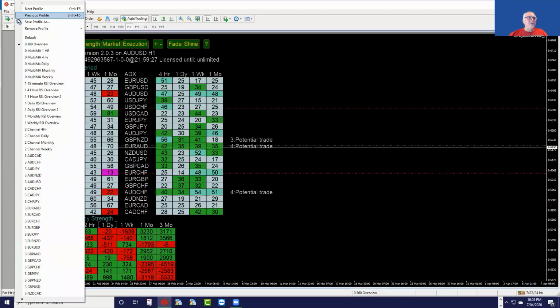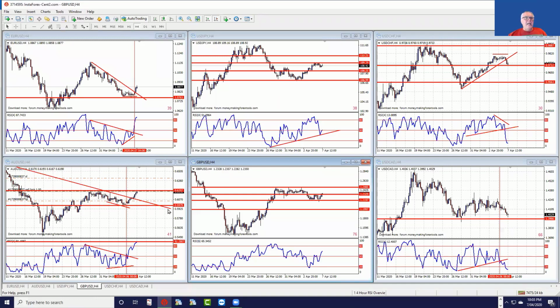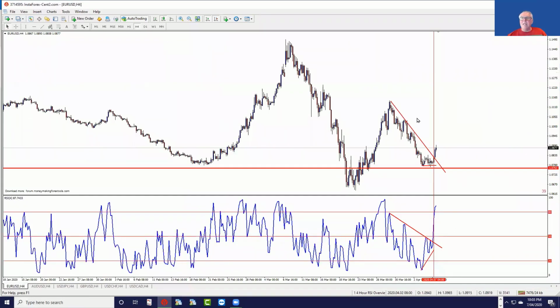So let's go and have a look at whether that is in fact so. And we'll go to the 4-hour. And the Euro. So I'll just increase the size of the Euro, and there we go. There we have blue candles shooting up, the RSI shooting up. So that's a confirmation of that reading.